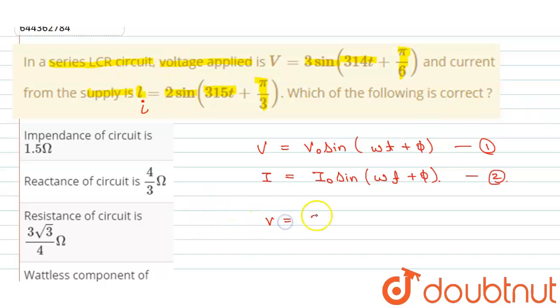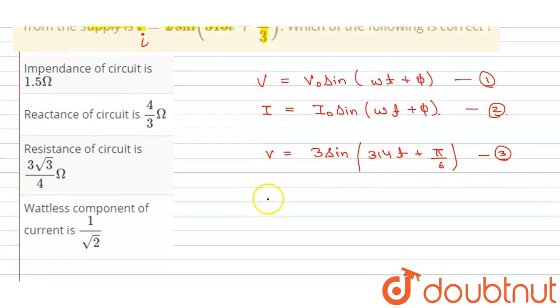The voltage applied in the circuit is V equals 3 sine(314t plus pi by 6). This is equation 3. And the current is equal to 2 sine(315t plus pi by 3).